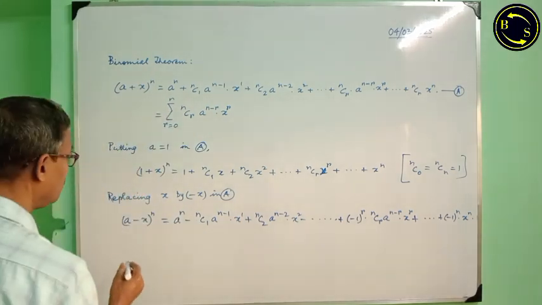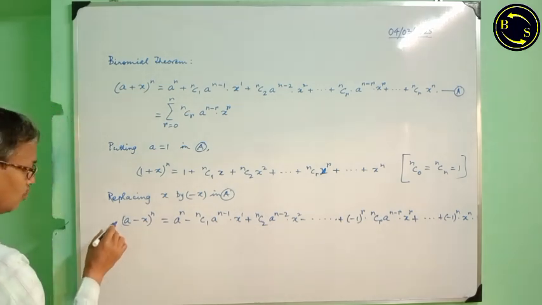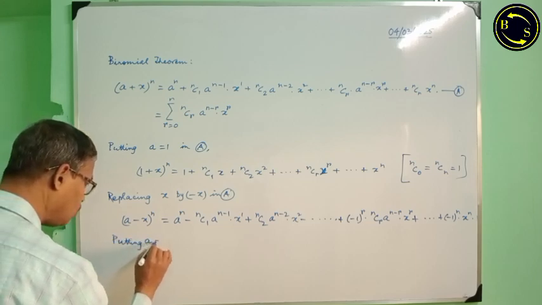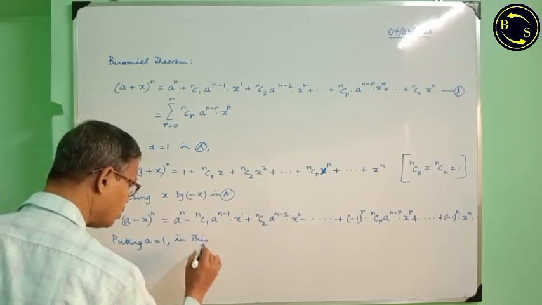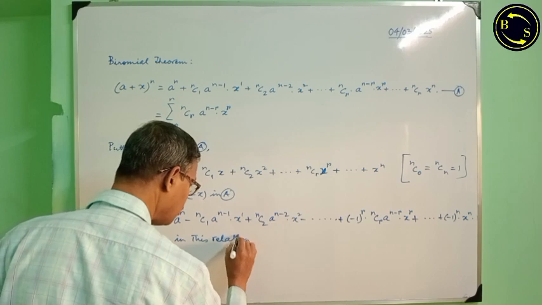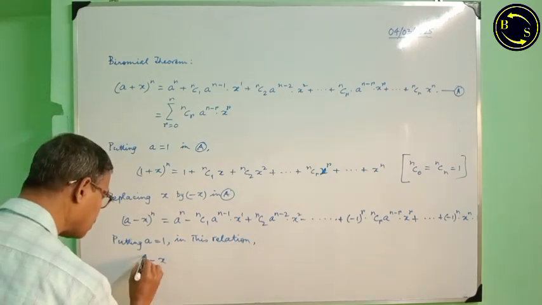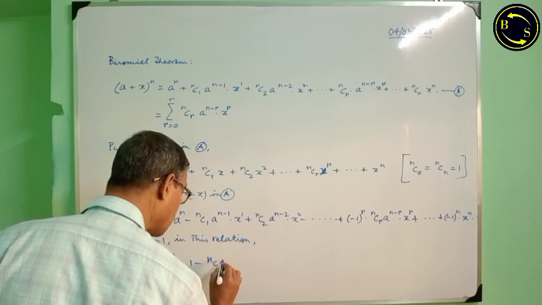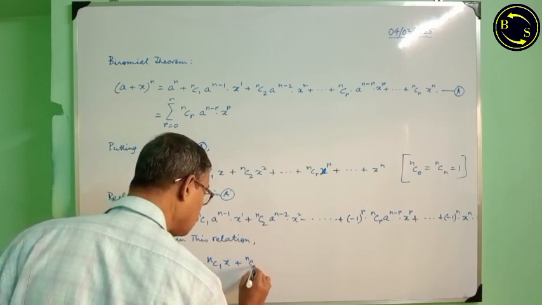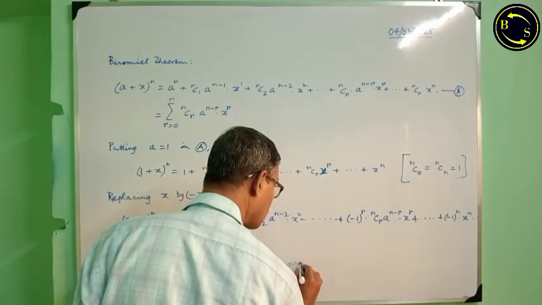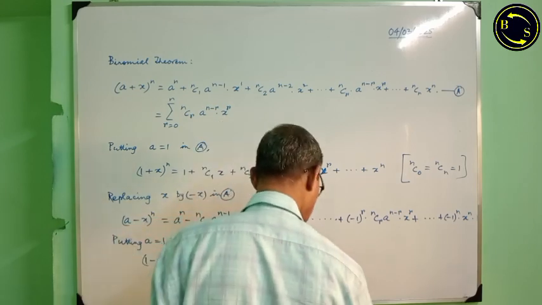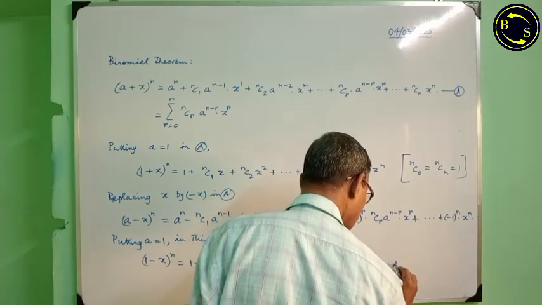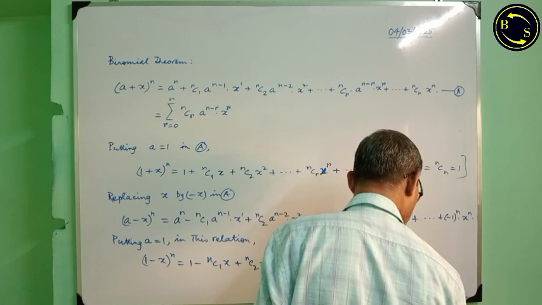Now again putting a equal to 1 in this relation, (1 minus x) whole to the power n equals 1 minus nC1 x to the power 1 plus nC2 x square minus ... plus (minus 1) whole to the power r nCr x to the power r ... (minus 1) whole to the power n x to the power n.